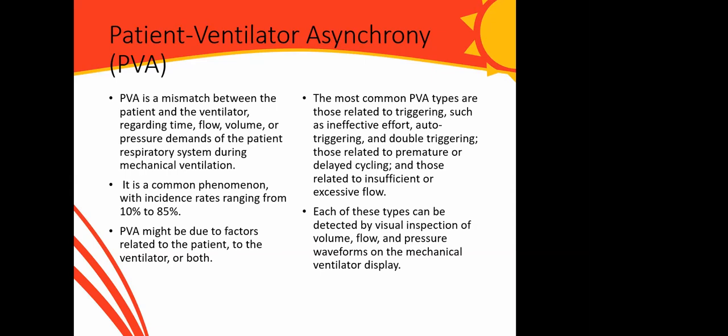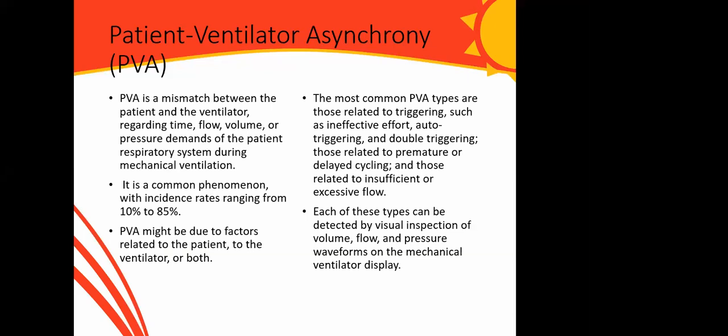A lot of times, the most common ventilator patient asynchrony are those that are related to triggering. When the patient triggers a breath, or the patient has insufficient effort, or the patient double triggers, all right? Initially, especially in assist mode, the patient triggers a breath and the ventilator senses it and provides the needed support, all right?